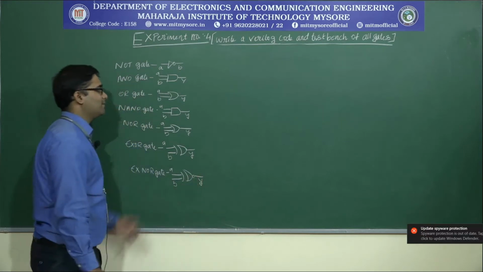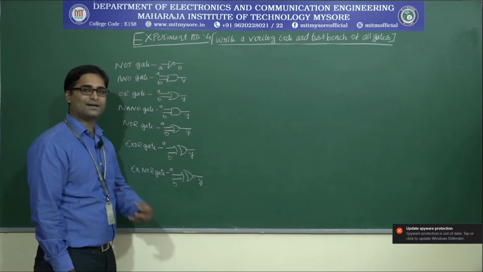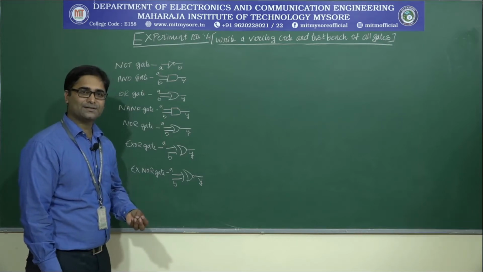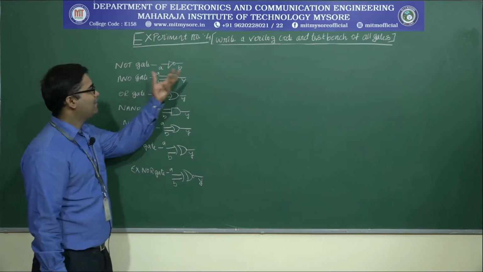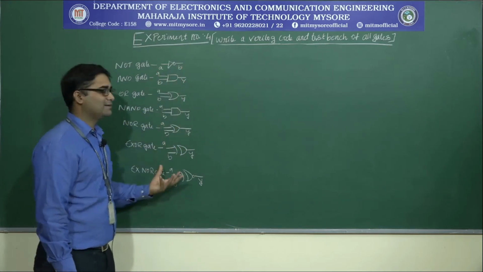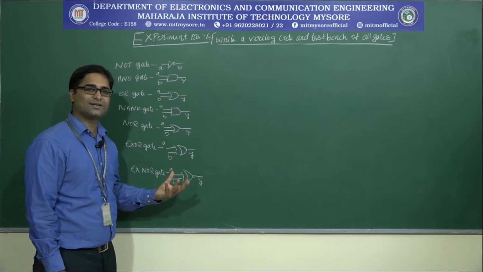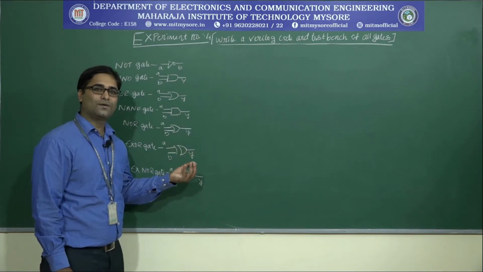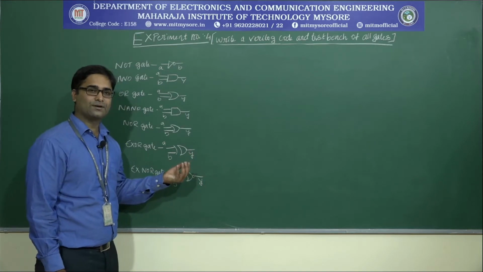So these are the digital logic circuits that we had studied in the previous semesters, and to write in Verilog code we need to define these basic digital logic gates in terms of the operators, how they would function.